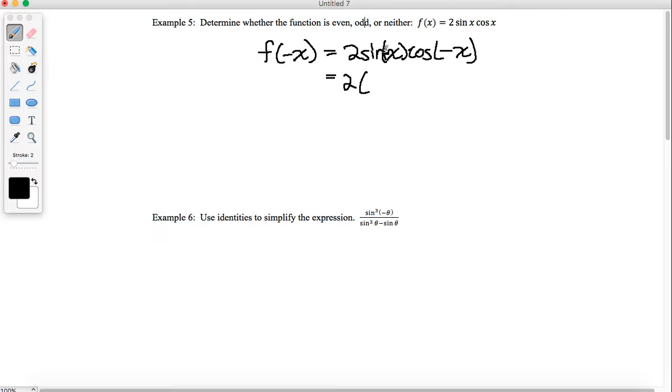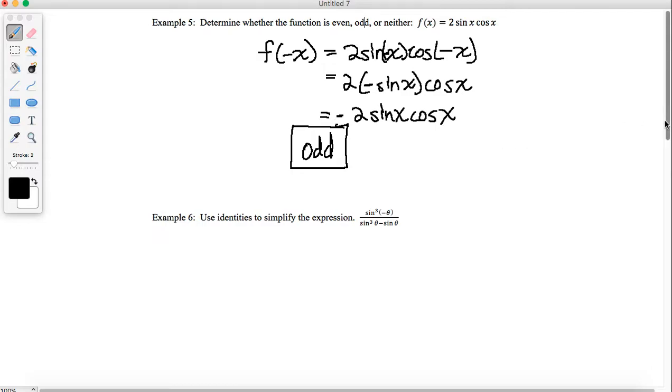And so I know that when I plug in negative x for my sine function, I'm going to have a negative sine of x. And since my cosine function is even, I know that when I plug in that negative x, I get the same thing, right? So it's the same thing as cosine of x. And so this equals negative 2 times sine x cosine x. This is the opposite of what we started with, and so we have odd.